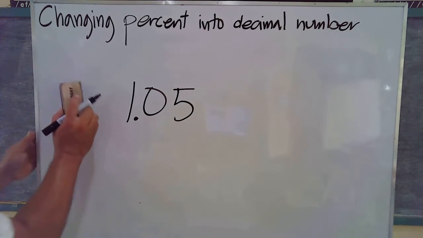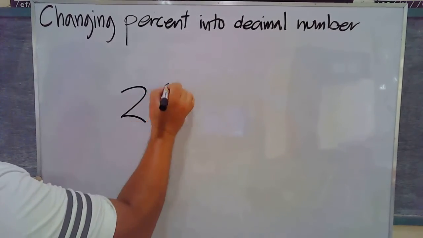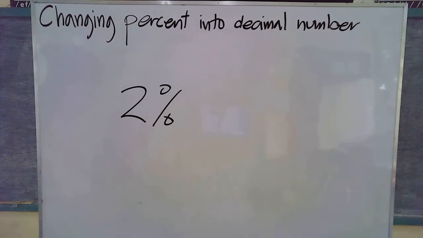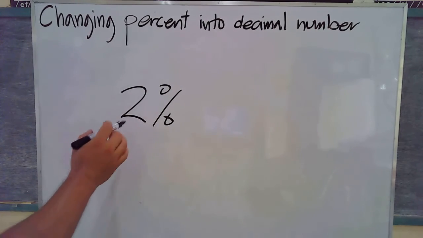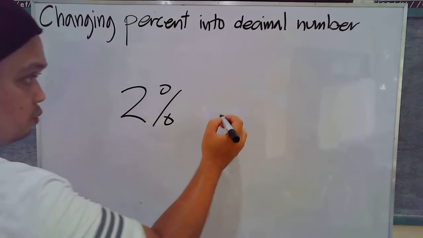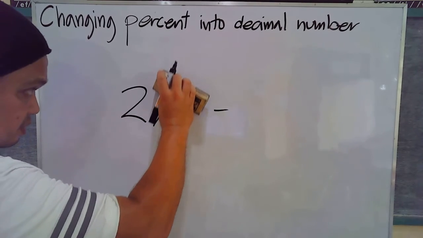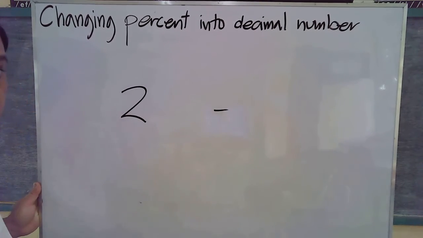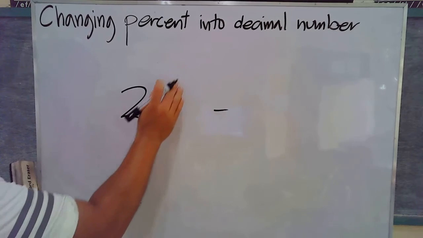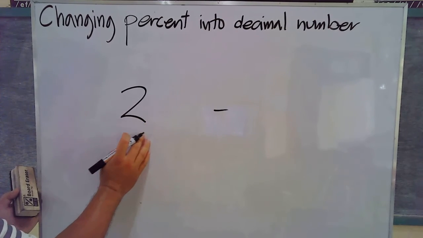Let's have some more example. How about the 2%? Okay. So 2%, you want to change this number into a decimal number. Okay, so what you need to do is the same. Drop this percent sign, and from where it is located, 2 steps to the left.